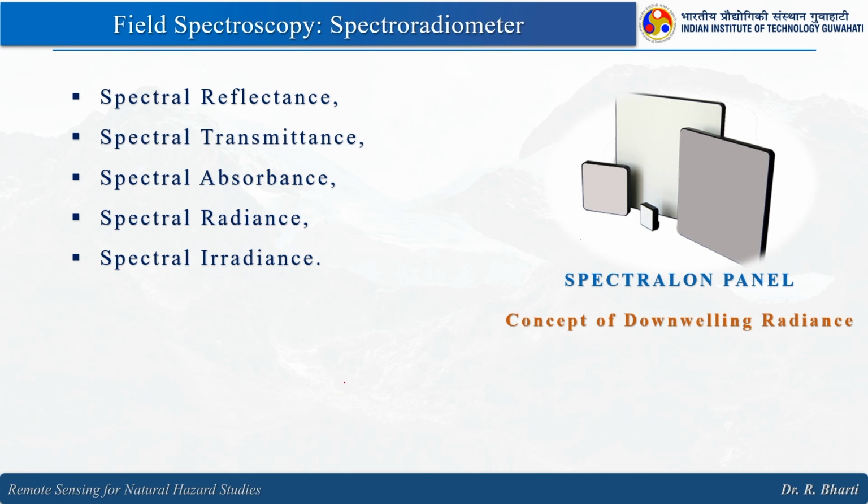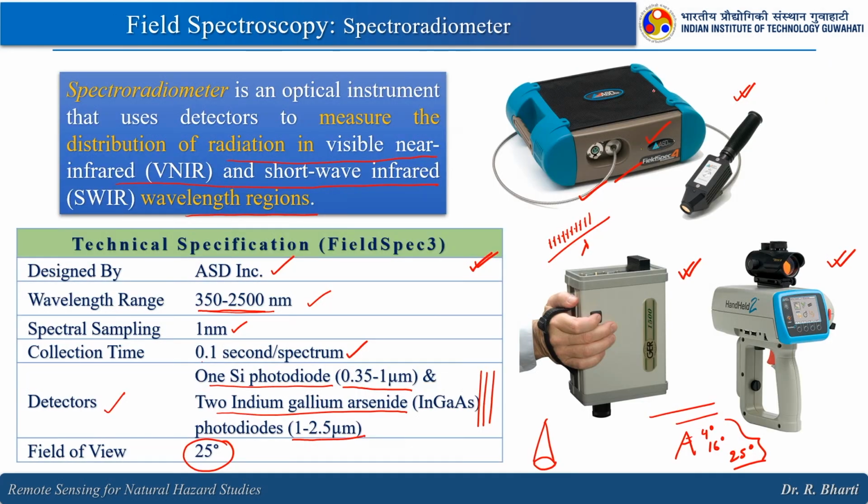So, what we do is, when we talk about the spectroradiometer, remember here this is the main instrument, and this is the fiber optic cable which is allowing the energy to pass through, which is coming from the surface or the target, which enters into this, and then through this fiber optic cable it goes to the main instrument, right.